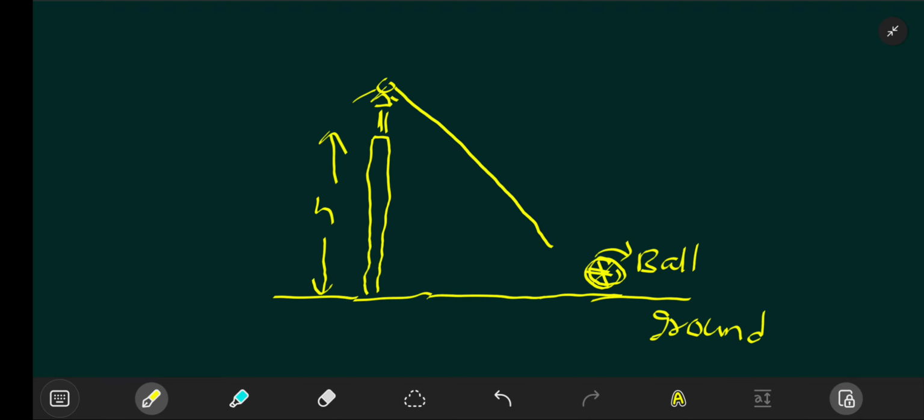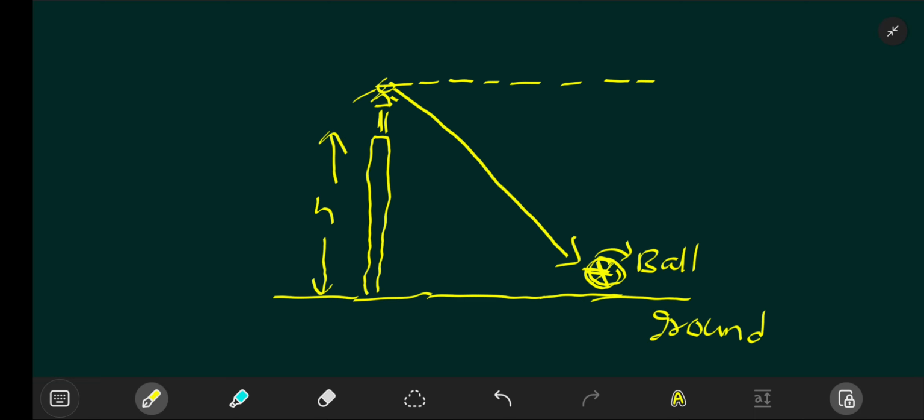Yes or no? To see this ball, he has to look downwards, such that this ball will appear to him. Now, with respect to him, the horizontal is this one.